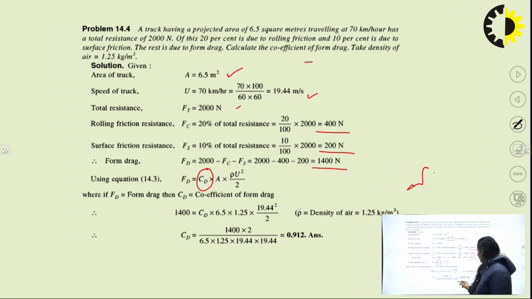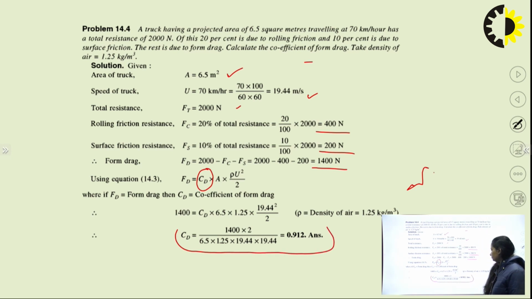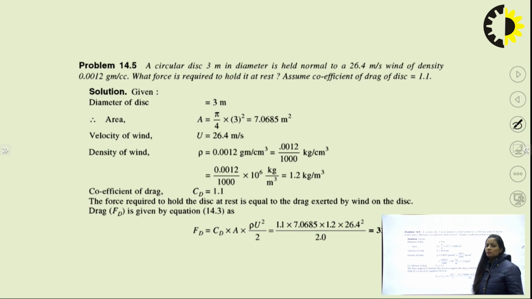So from the equation, CD will come as 0.912. This is just a coefficient, so it is unitless. So this is how you can calculate for any moving vehicle: you can calculate forces and the coefficient of drag.